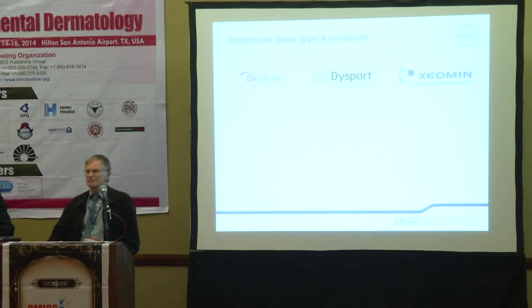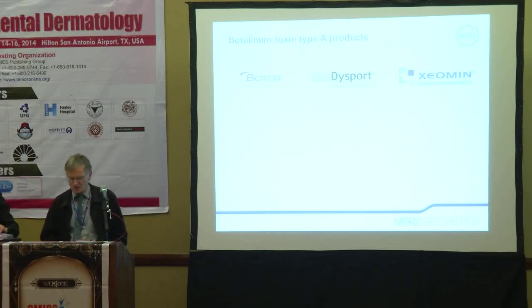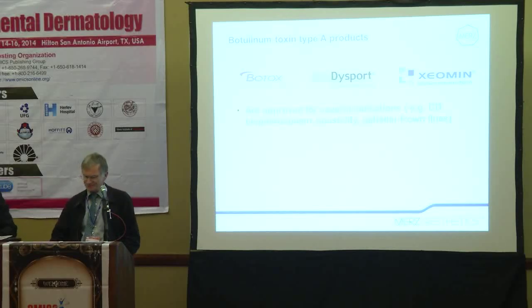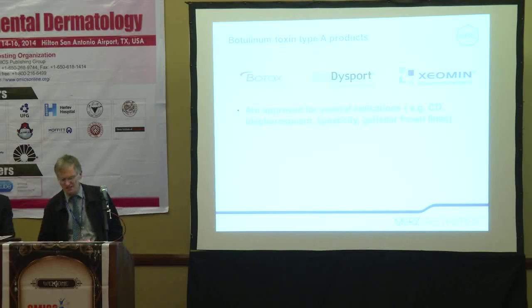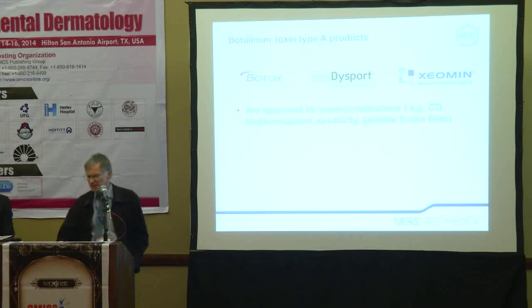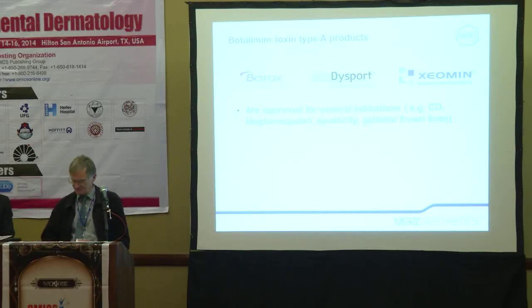Well, on the market there are 3 different products: Botox, Dysport, and Xeomin. These products are approved for several indications, like cervical dystonia, blepharospasm, spasticity, or the treatment of glabellar frown lines in aesthetic medicine.